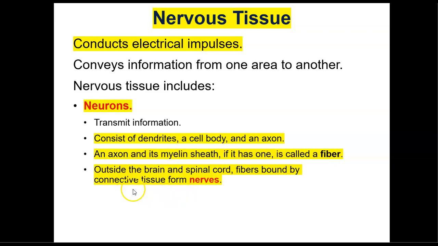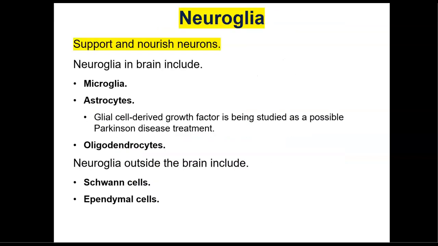And outside the brain and the spinal cord, fibers bound by connective tissue form nerves. So axons bound by connective tissue form our nerves. Neuroglia are the cells that support and nourish the neurons. In the brain, there's microglia for defense.